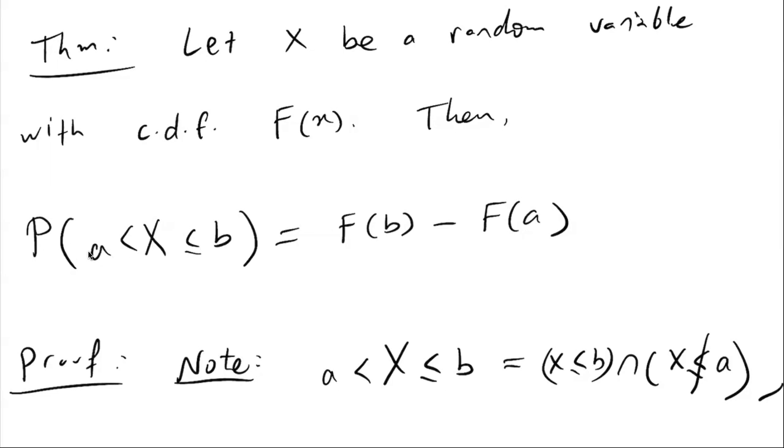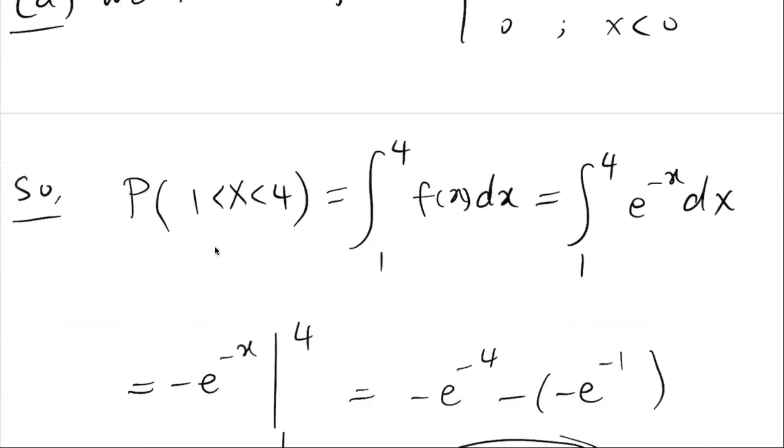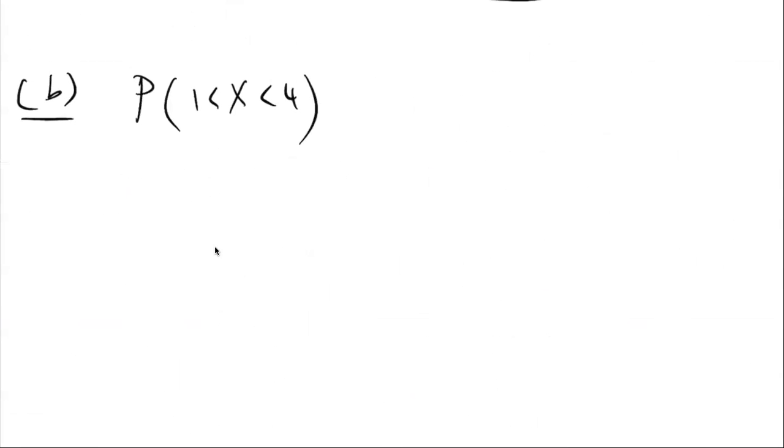Because remember, each individual probability is 0, so I can always add 0 to my probability without changing it. So I can say that P of X bigger than 1 less than 4 is the same as P of X bigger than 1 less than or equal to 4.